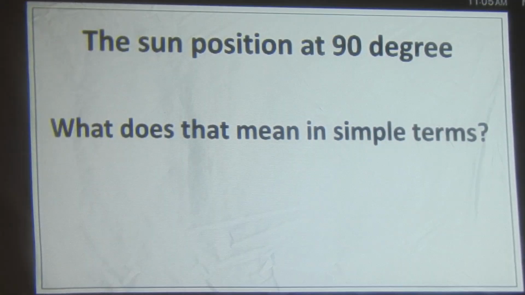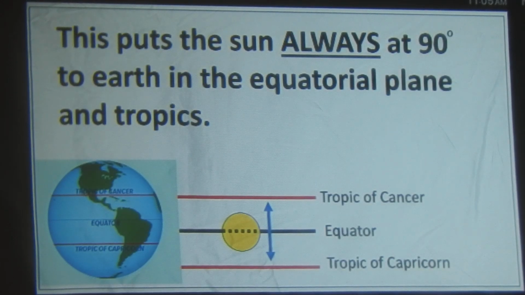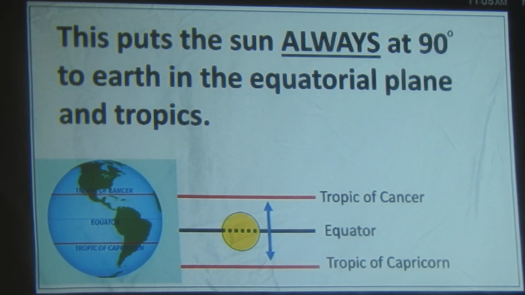Let's take a look at that. What does sun position at 90 degrees mean in simple terms? Here we see a diagram. We have the globe model, and this puts the sun always at 90 degrees to Earth in the equatorial plane and tropics. So whether it's during the equinoxes or in the summer sun season, that sun is always 90 degrees.